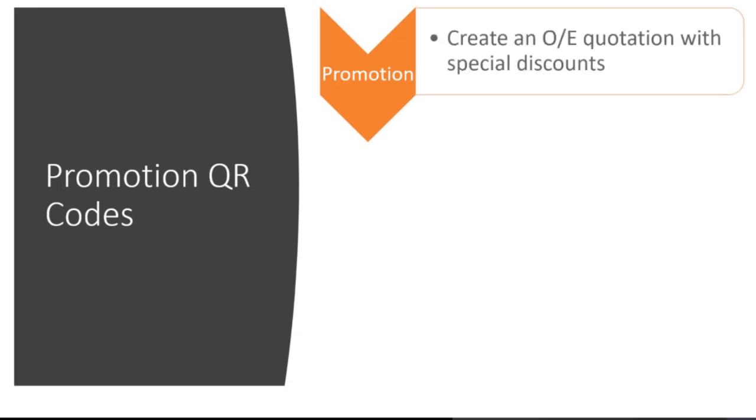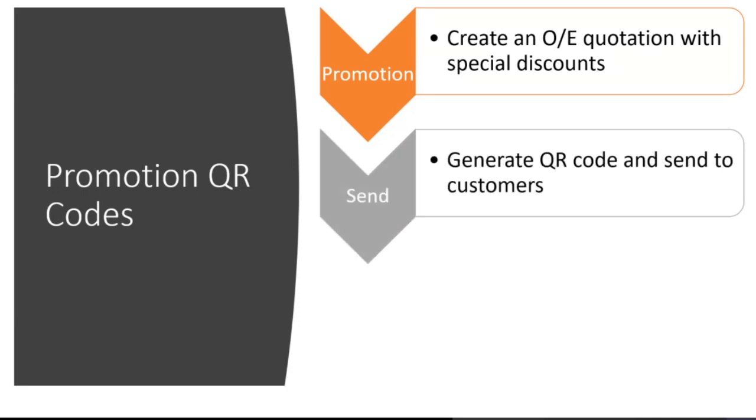And then the second feature we are adding is something called promotion QR code. So we came up with the idea that it makes it easy for your customers to run promotions. In order to run a promotion, for example, they can create an OE quotation, and then within the OE quotation, they can put in special discounts for different items, etc. Then they can generate a QR code.